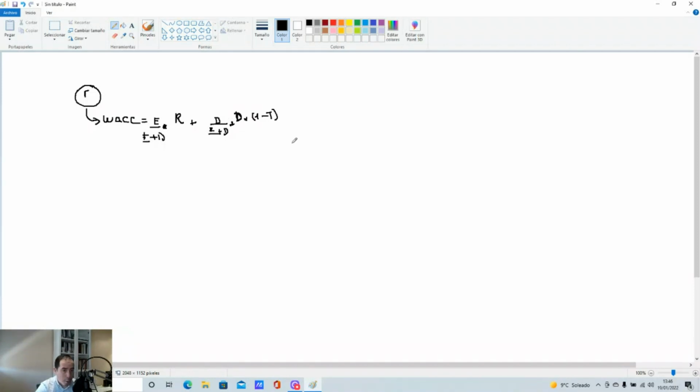Now there are people, of course, who feel comfortable using the weighted average cost of capital as a discount rate in their free cash flow, in their construction of the intrinsic value using the DCF.